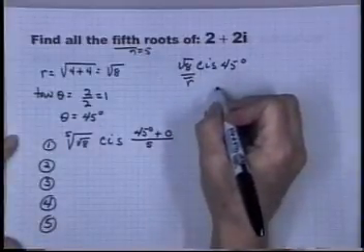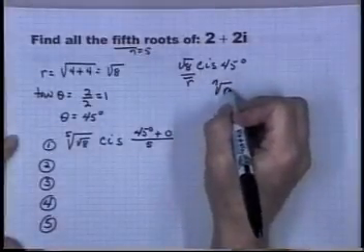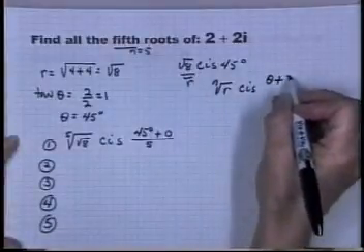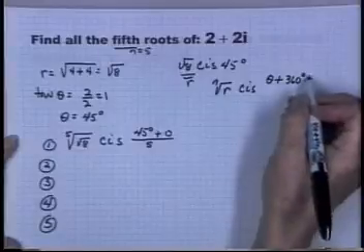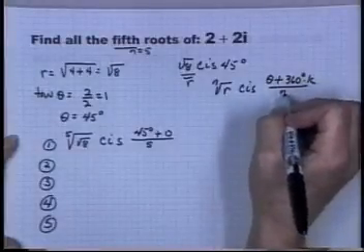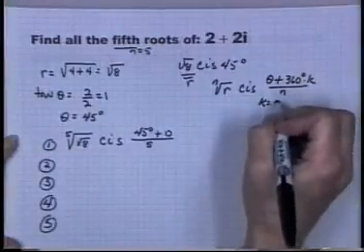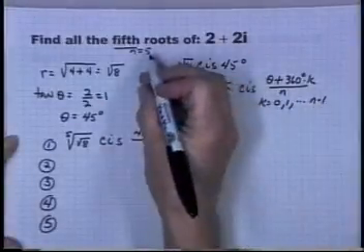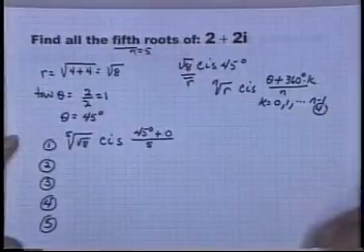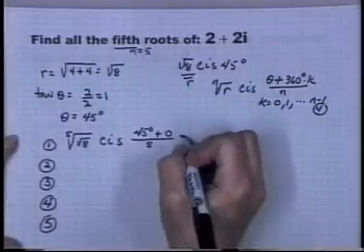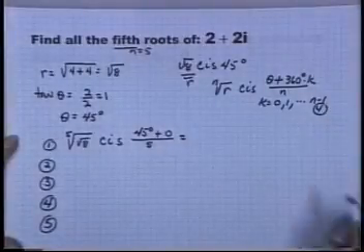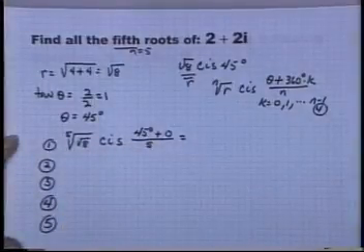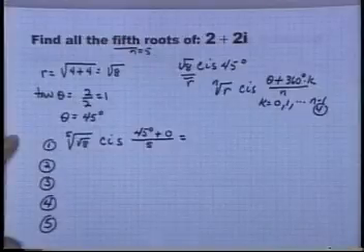Remember, the form was the nth root of r, cosine plus i sine, theta plus 360 times k divided by n. K starts at 0, goes to 1, goes up to n minus 1. Since my n is a 5, my last number I use for k is going to be a 4.